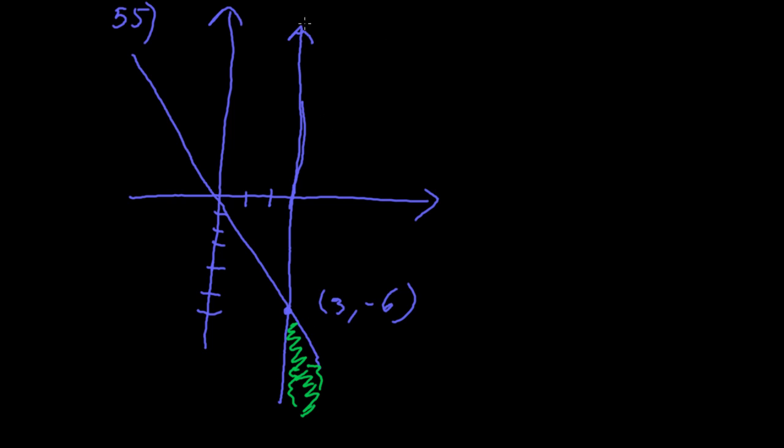So we can see that this line is the line x equals 3, right? Because for all values on this line, x will be equal to 3. And this crosses through the point 0, 0. And we can see that at this point, it's gone over 3 and down 6. So for every 1 it goes over, it goes down 2.